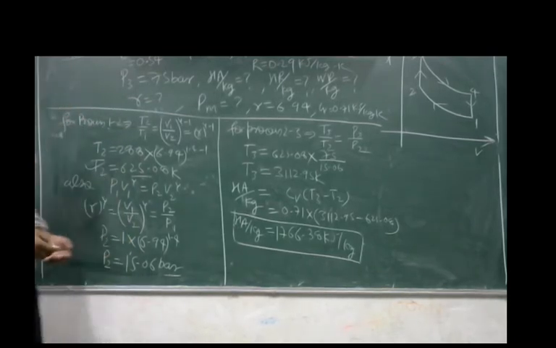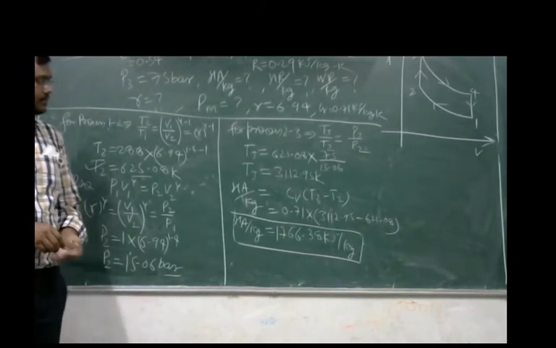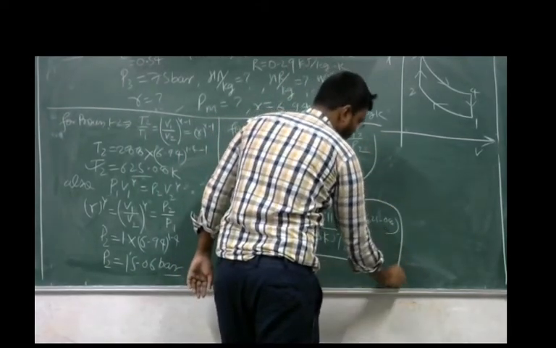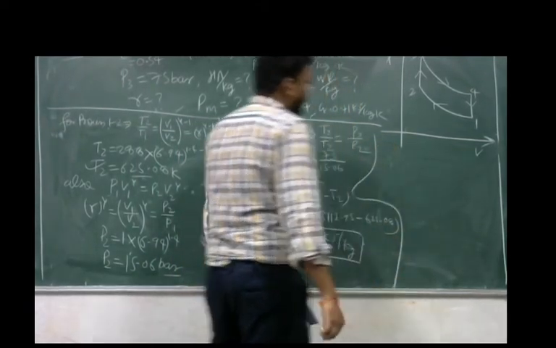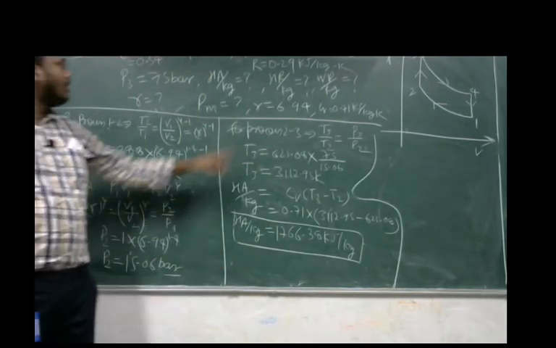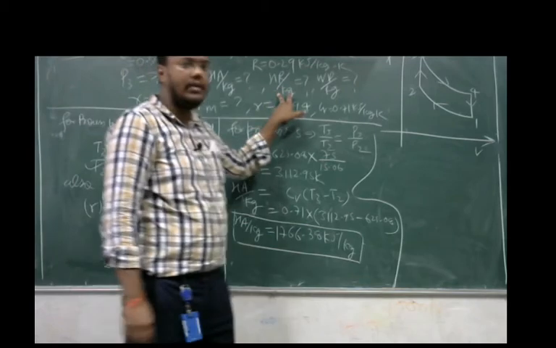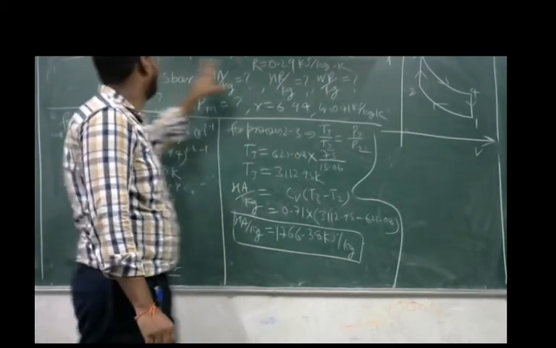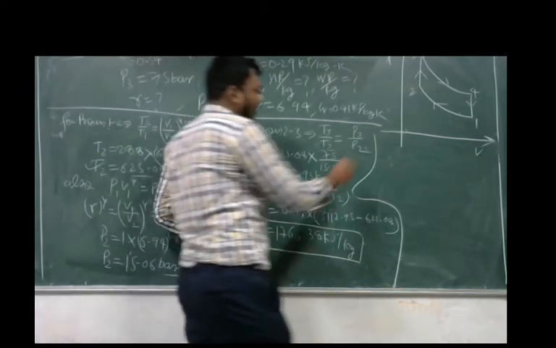So now the next question is heat rejection per kg. But before heat rejection per kg, we can easily calculate the value of work done per kg because efficiency is given in the question and we know the formula for efficiency.